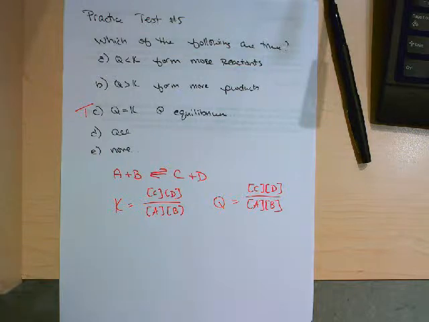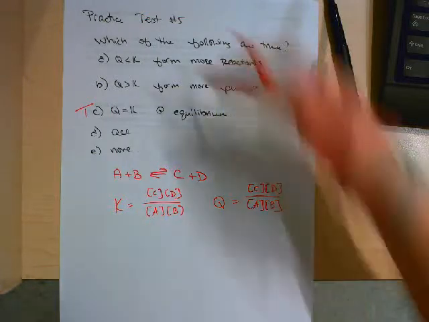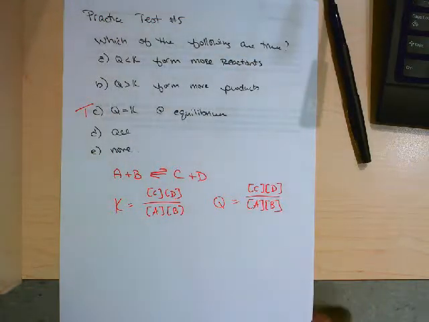Alright, so let's look at, I guess we'll look at A. If Q is less than K, ignoring the second half of the statement, do I have too many products or too many reactants?